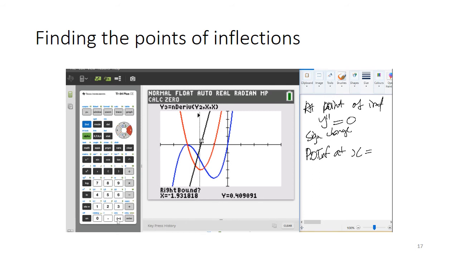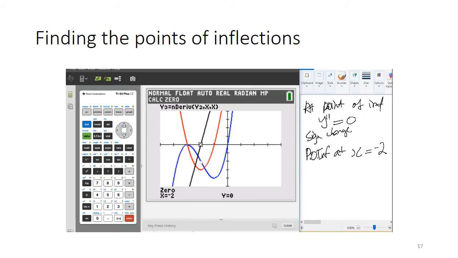Right bound, which is here. Have a guess where it is. It looks like it's here. So the point of inflection would be at x equals -2, which corresponds to a point down here on the original function.